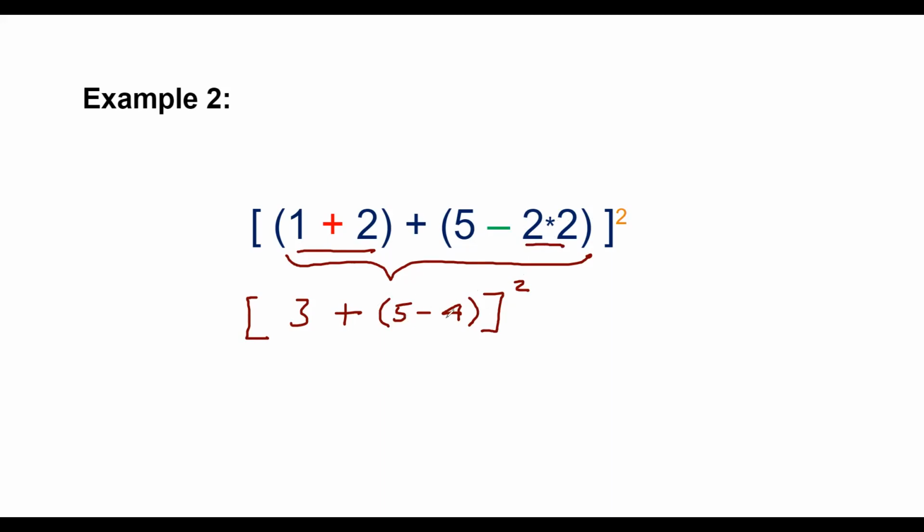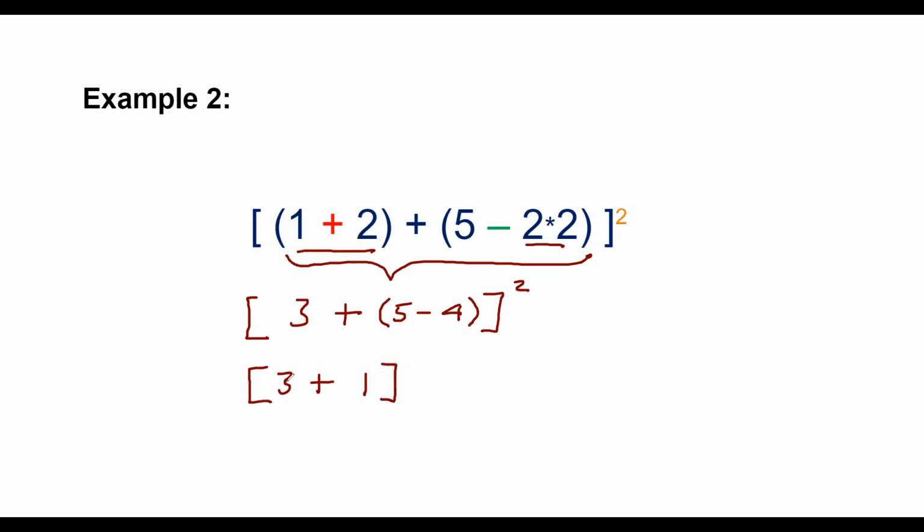That became 4. Let's simplify one step further. We need to finish simplifying this parenthesis before we can go any further. Fortunately, that's easy. 5 minus 4 is just 1. So now we can drop the parenthesis. That doesn't do anything anymore.